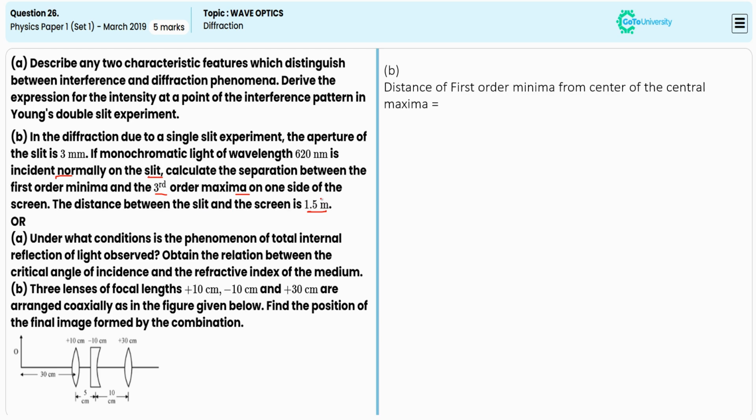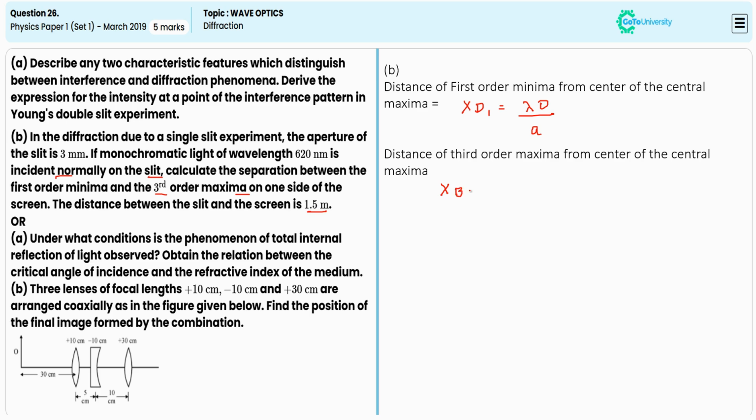So here, the distance of the first order minimum from the center of the central maxima, that is x d1, is equal to lambda D divided by a, and the distance of the third order maxima from the center of the central maxima, that is x b3, is equal to 7D lambda divided by 2 times a.